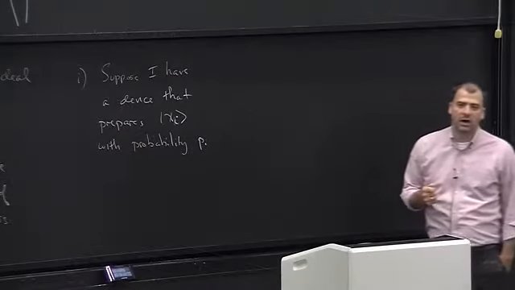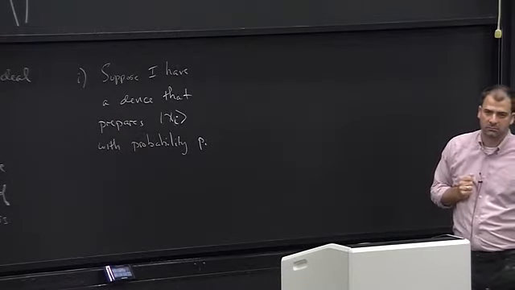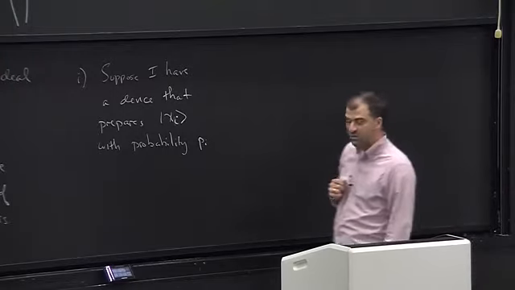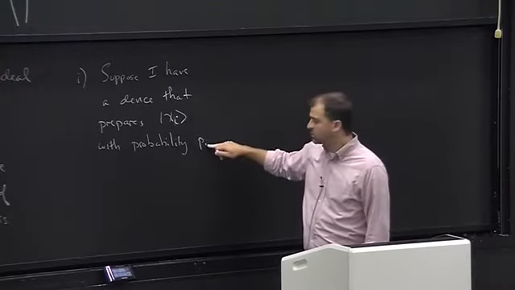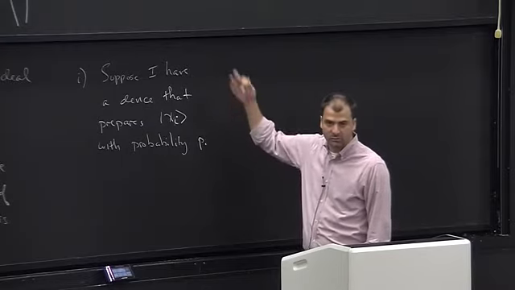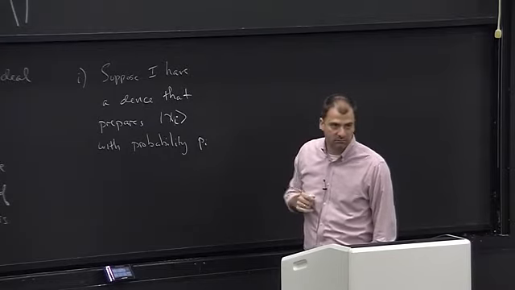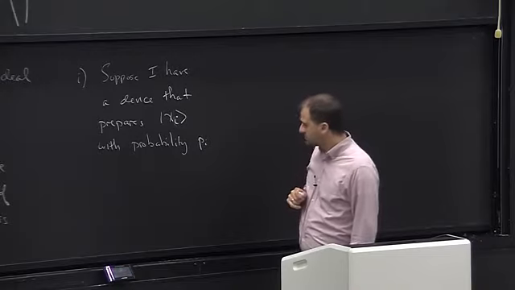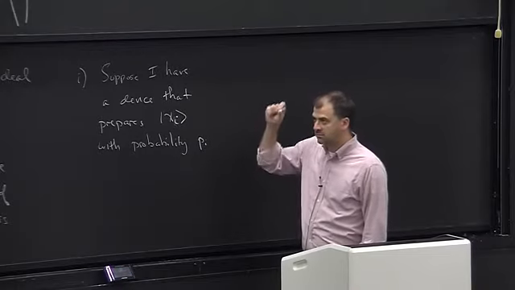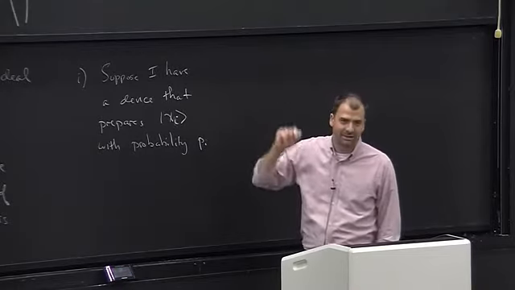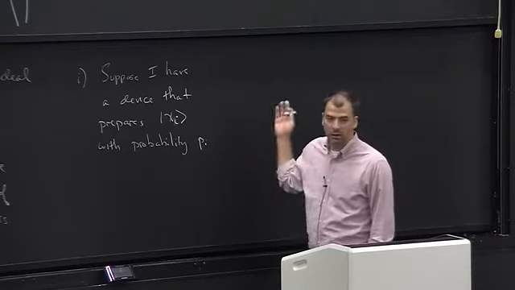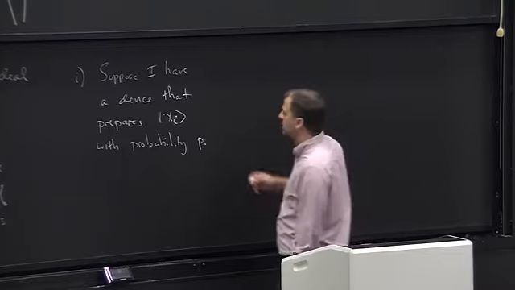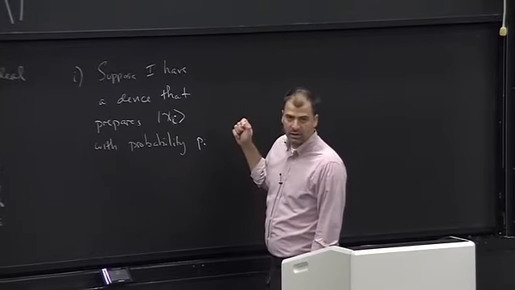How do I describe that device? If it's a thermal device and these states are energy eigenstates, then this probability will be given by the Boltzmann factor, e to the minus the energy eigenvalue divided by kT, as the weighting. But in general, you can have an arbitrary weighting. So then let's look at our recipe.